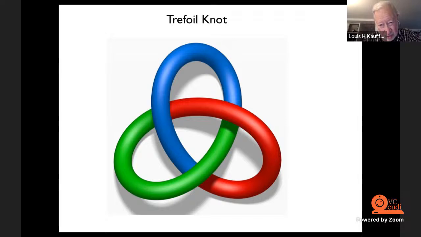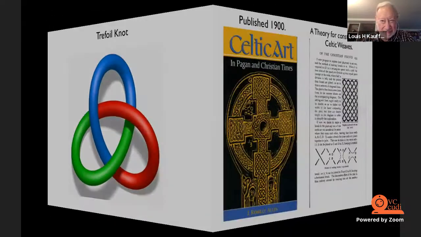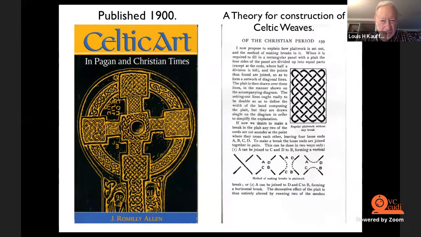The rules are that three colors should appear at a crossing, or it's allowed that one color could appear at a crossing, but not two. And then you can verify that every trefoil knot that it inherits from this one by an isotopy will still be three colored.